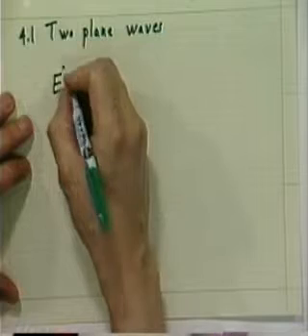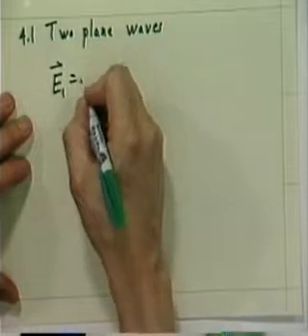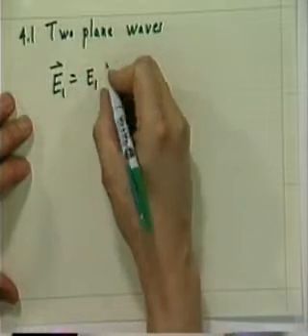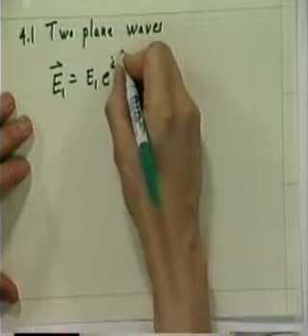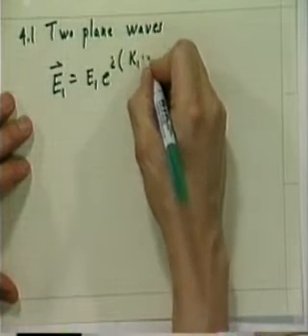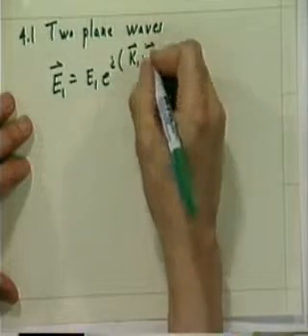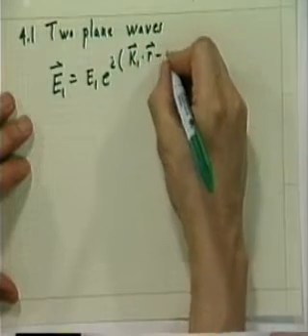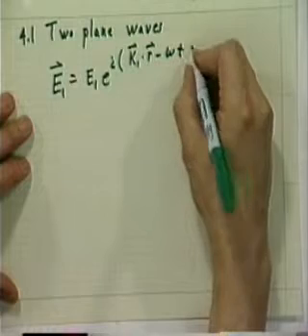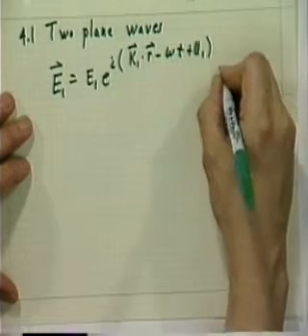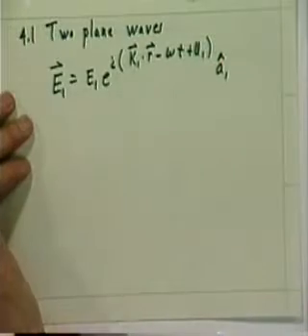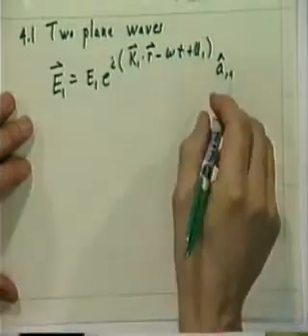E1 is just some magnitude E1, e to the i, k1 dot r minus omega t plus some phase phi 1, and the direction is in the direction of this unit vector a1.